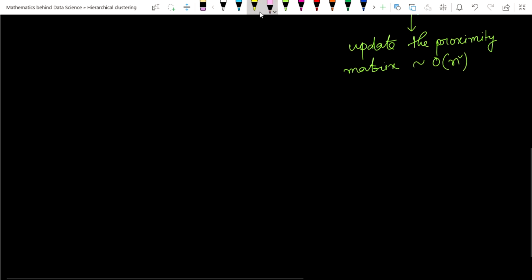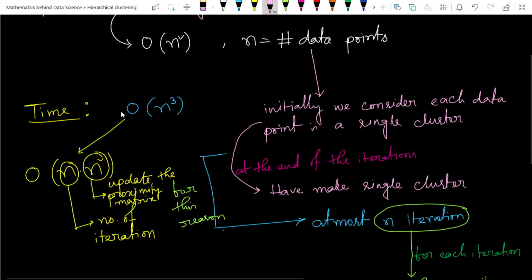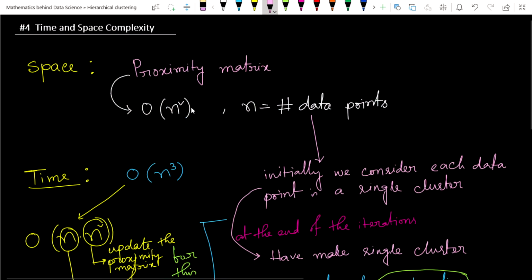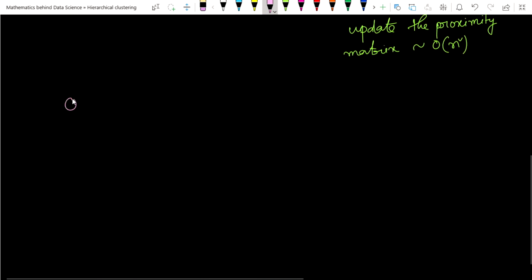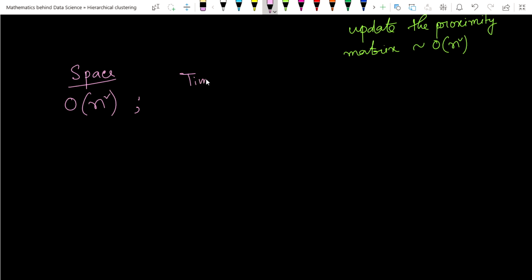So the drawback: just see the space complexity here. The space complexity is order of n squared. The time complexity here is order of n cubed at most.